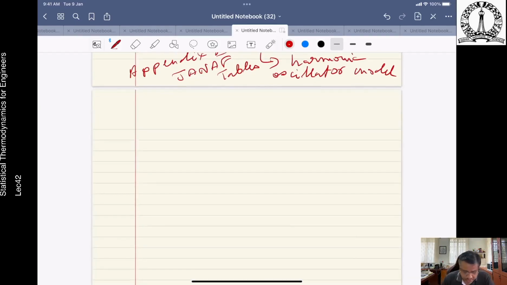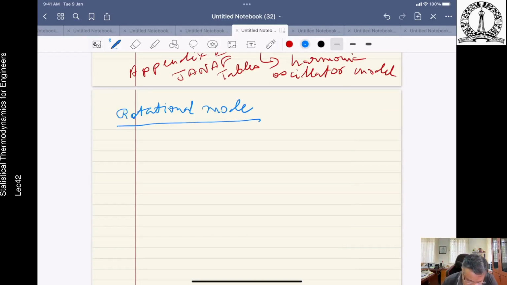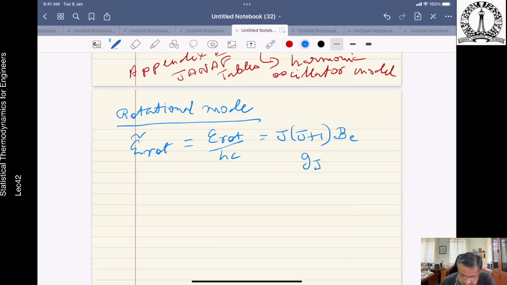Now let's go to the rotational mode. The energy of the rotational mode, rotation divided by hc, we have written countless number of times now: J into J plus 1 into B E, where the degeneracy is 2J plus 1.